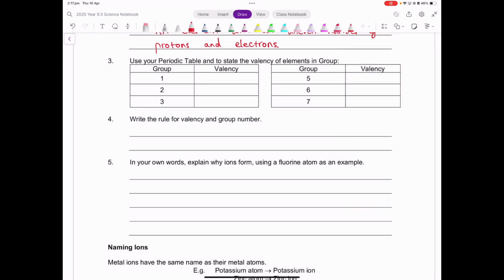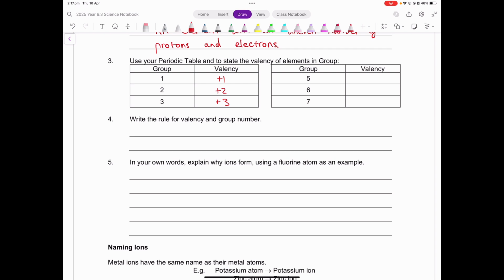When we talk about the periodic table now, you would have seen that in group 1, the valency, aka the charge, was +1. In group 2, the valency was +2. In group 3, it was +3.